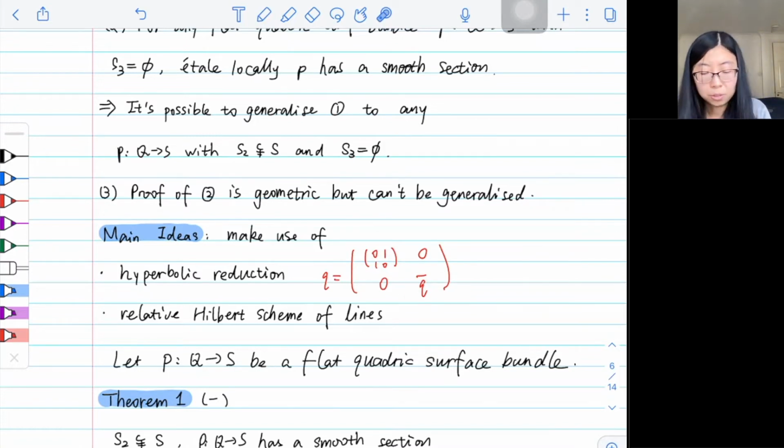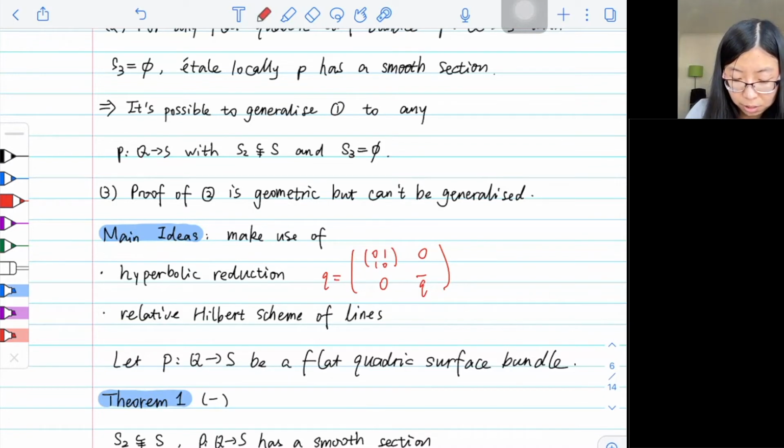The hyperbolic reduction tells you that you get rid of this part, and then get a new quadratic form, the reduced quadratic form, that has a lower dimension. So this is for the smooth section case.